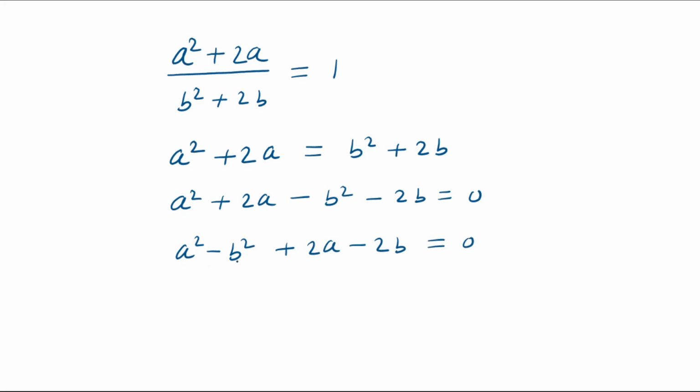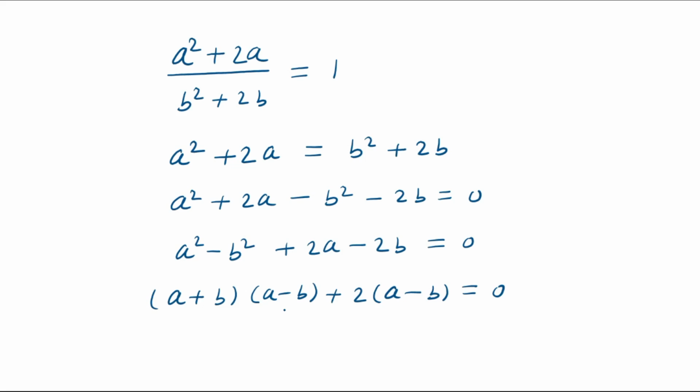Here a square minus b square, and the factor of a square minus b square is a plus b multiplied by a minus b. Look carefully at these two terms: if we take 2 common, then you will get a minus b, and this is equal to 0.